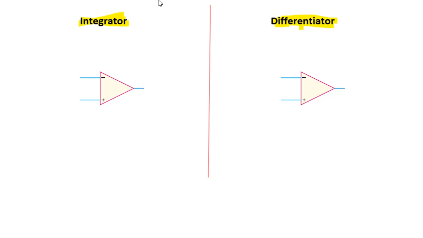So if you consider the output of an integrator, then the output of the integrator is proportional to the area of the input waveform over a period of time.